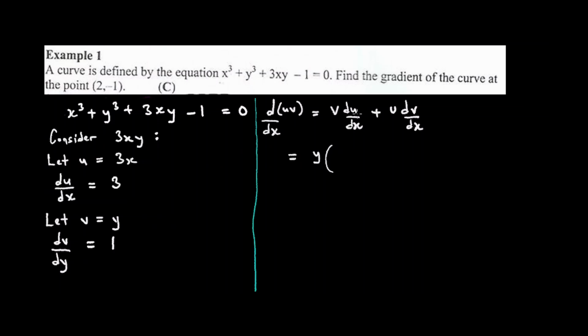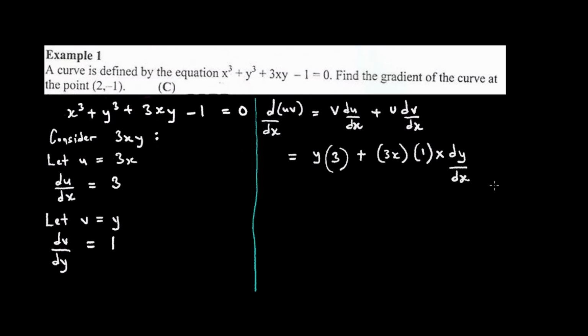Then what is v? V is y, multiplying du/dx, which is 3, like that. That plus what is u, the 3x, and 3x is multiplying what? dy/dy, which is 1. But because we have differentiated with respect to y, we must remember to multiply with the differential coefficient dy/dx.